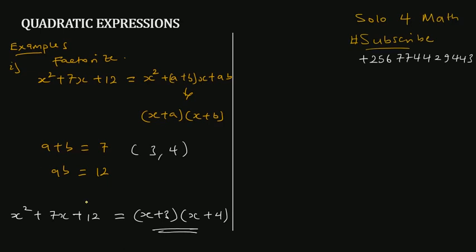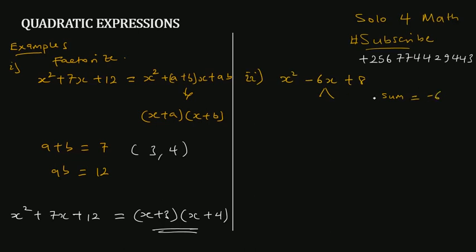Want to look at a more systematic way of factorizing? Let's look at an example. Factorize x squared minus 6x plus 8. So what we do is find two numbers so that the sum should be equal to -6.